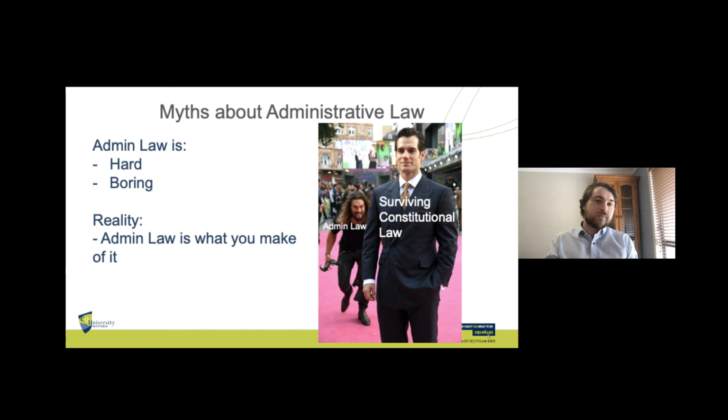In terms of administrative law being hard, it's certainly a complex subject, and that's something really important to stress going into this unit: there is a level of complexity to administrative law that you need to be upfront about and aware of.